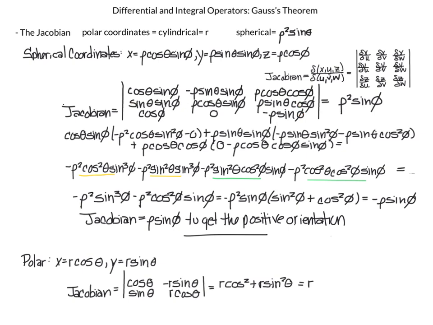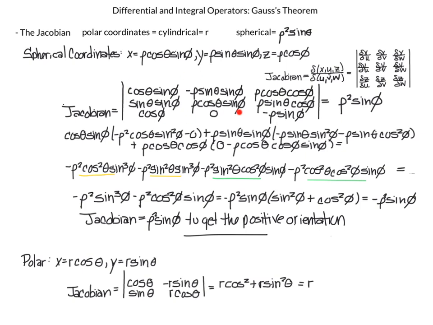And if we calculate this determinant, we are going to get negative rho squared sine phi, but for Jacobians, we use the positive version of it. So this will be rho squared sine phi because we want the positive orientation.